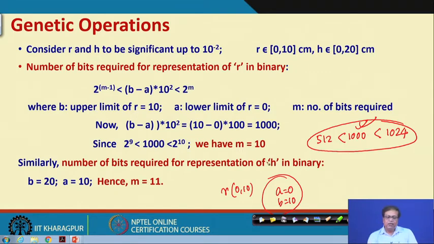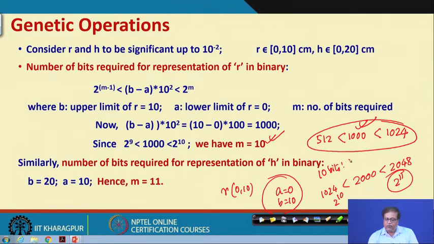So, we must have m equal to 10. Similarly, for h, which is between 0 to 20, we need 2000 representations, so between 1024 and 2048, where this one is 2 to the power 10, this one is 2 to the power 11. Therefore, we need 10 bits for R and 11 bits for H.